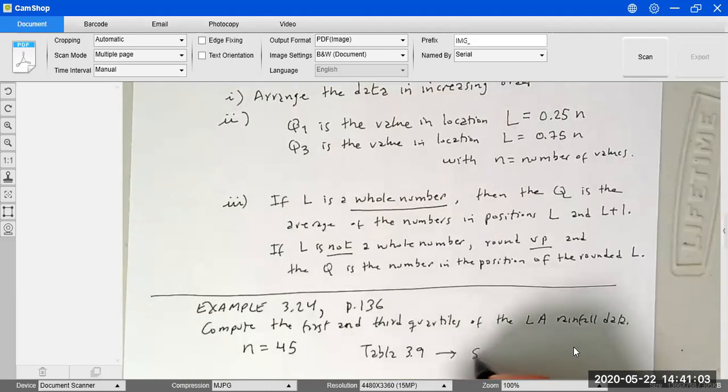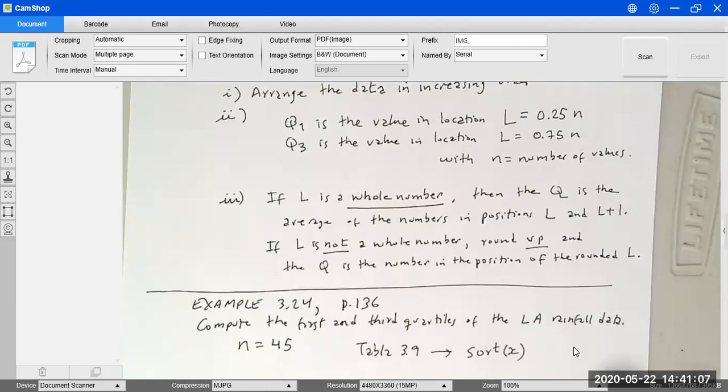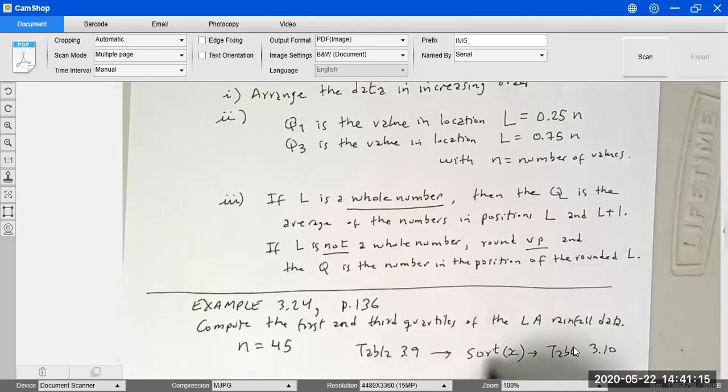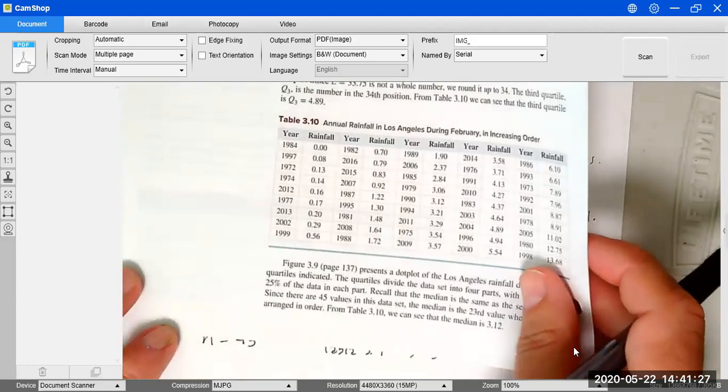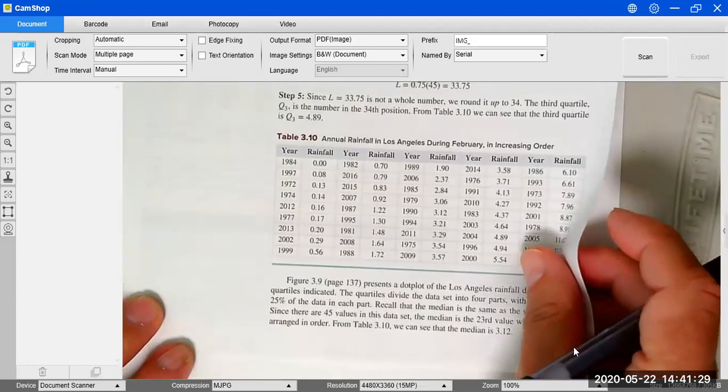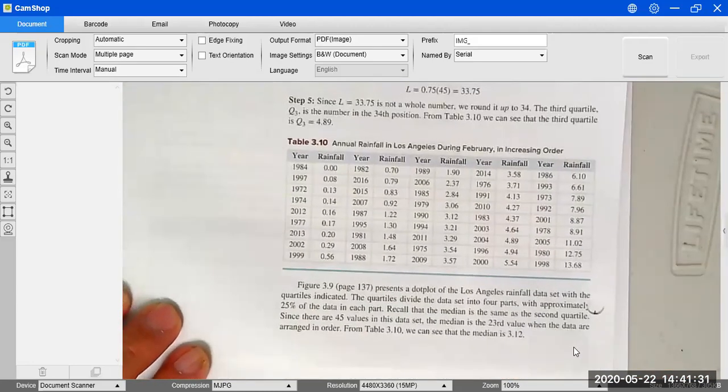You can use sort of x to order your list of values, and if you do that, you're going to get table 3.10. This is using an R command in our console. So you're going to see now table 3.10, the one that has the data set in increasing order of values of the rainfall.